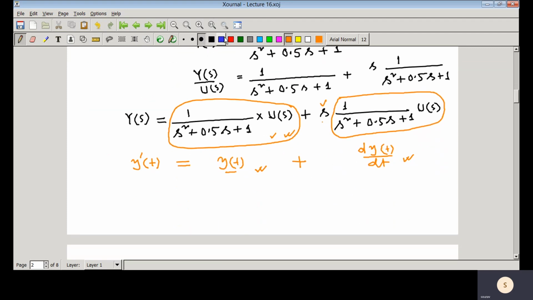So suppose G(s) equals s plus a divided by s square plus twice zeta omega n s plus omega n square, and to normalize we need to multiply with 1 by a.